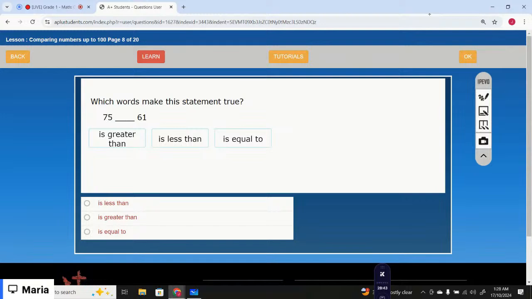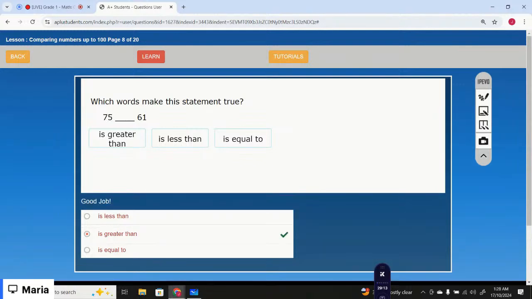Which is the correct option? 75 is greater than 61.